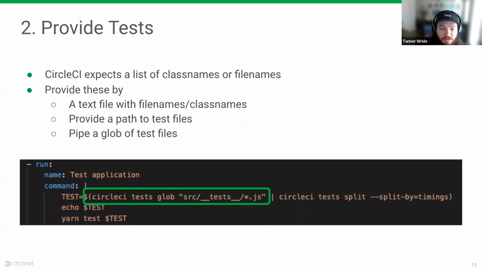So like I said, this screenshot's similar to what we're going to be doing today. And that's because we're using Jest as a test runner, and Jest doesn't accept a list of test files or class names. Essentially, it requires specific file patterns. So we're going to glob and match those file patterns and pipe those to our CircleCI test split command.